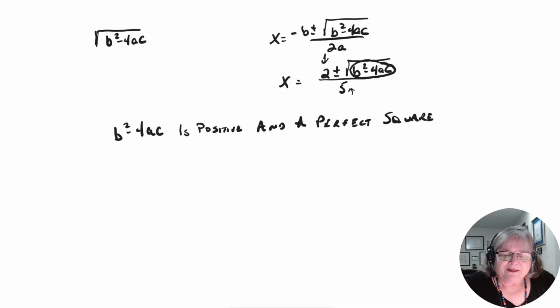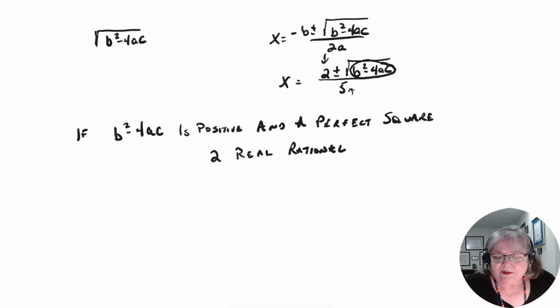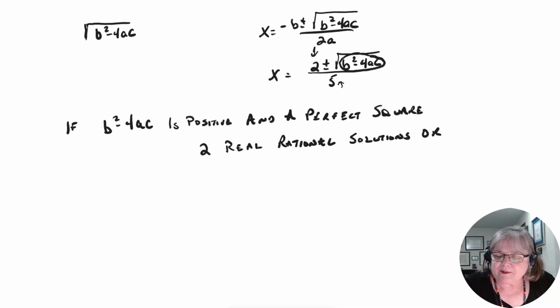But okay. So if b squared minus 4ac is positive and a perfect square, you're going to get 2 real, and that may be fine for some of your books and teachers, or 2 rational, solutions, or roots. They usually call them roots when you're graphing.